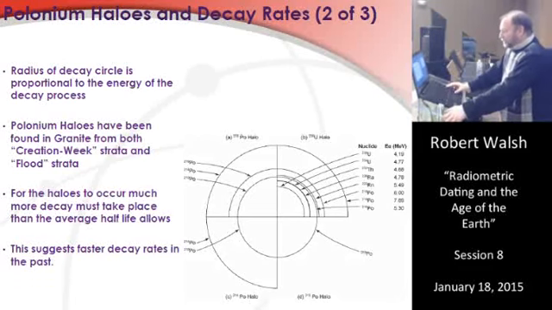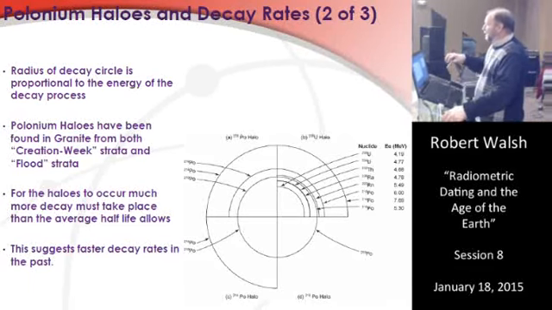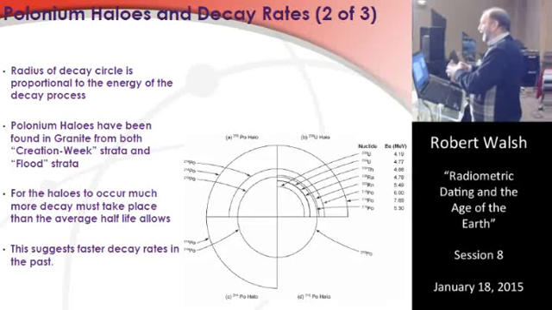So for the halos to occur, much more decay must take place than the average half-lives allow in order to get these nice solid rings. So a massive amount of radiation had to occur in order to photograph these spheres in the granite rock.